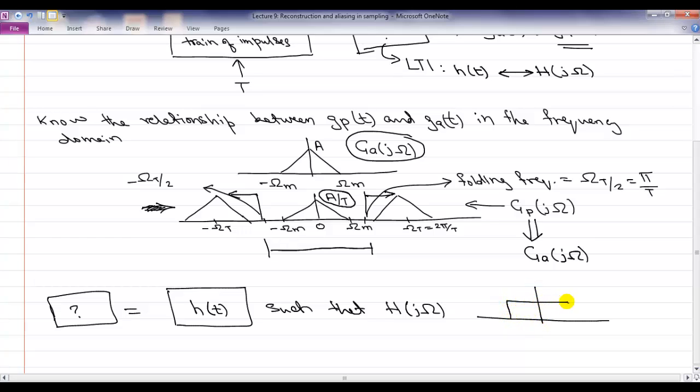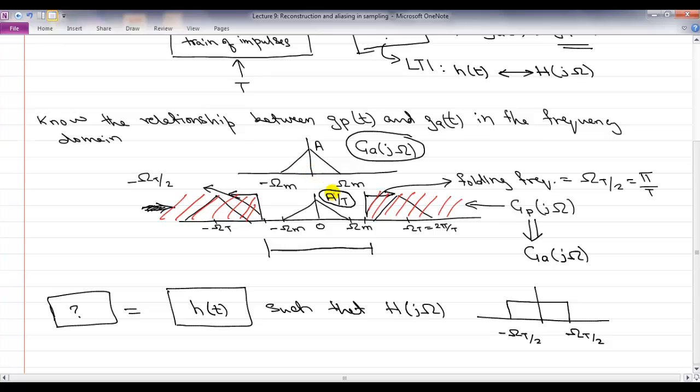What you want is that it cancels all the frequencies above omega t by 2. Okay. If you do that, then you will zero out all the frequencies higher than this. So all of this will be nulled, and you will be left with only the region between minus omega t over 2 and omega t over 2.